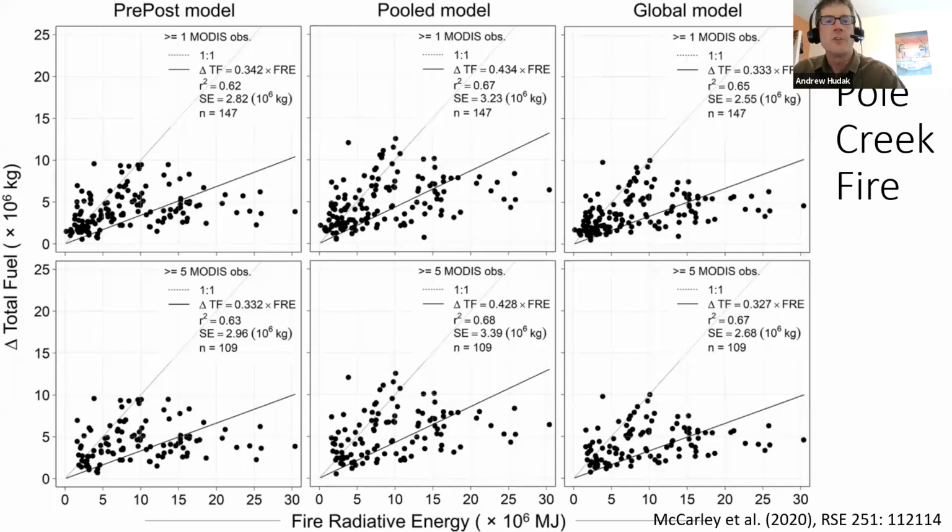And if you select MODIS pixels that had at least one observation, you get pretty good linear fits between the rate of energy calculated from the MODIS pixels and then the total fuel consumption that we calculated by our LiDAR-based approach.